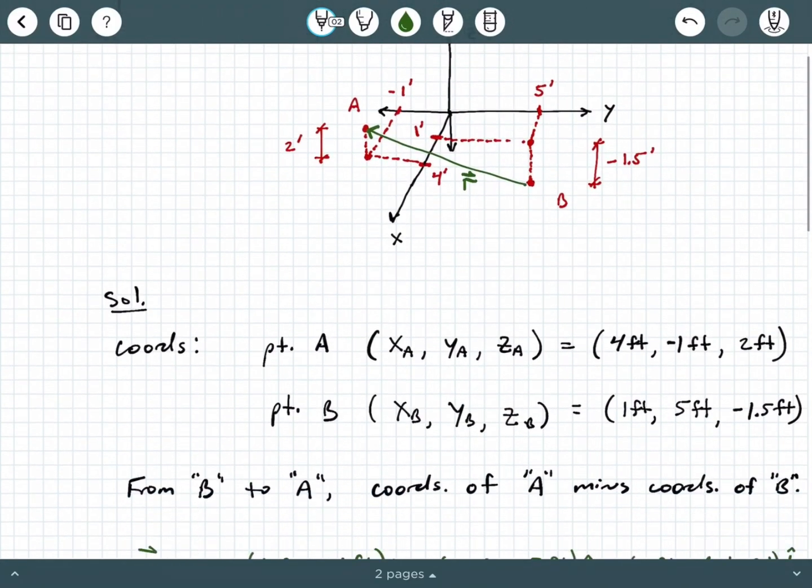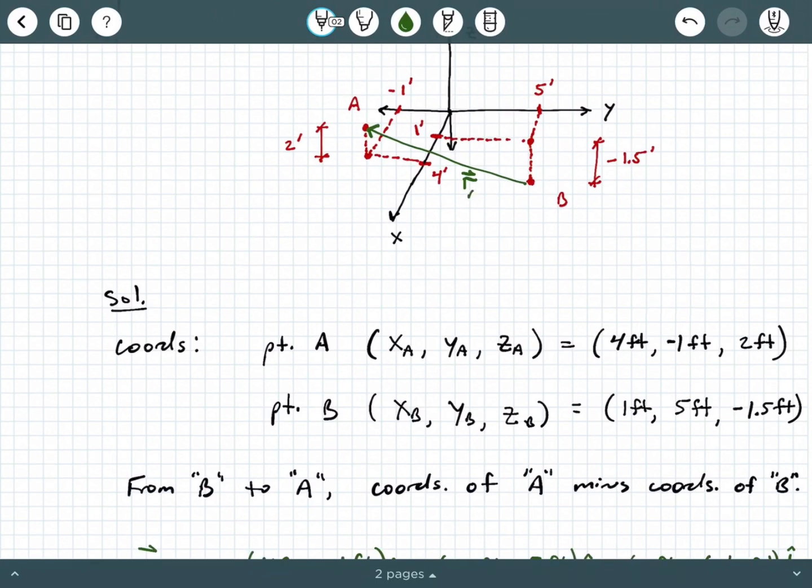Technically we could call this R sub BA. I said RAB earlier, but when you label these, the first subscript is the letter you're coming from, and the second subscript is the letter you're going to. I made a mistake a few minutes ago when I said RAB. Because we're going from B to A, you label it RBA.